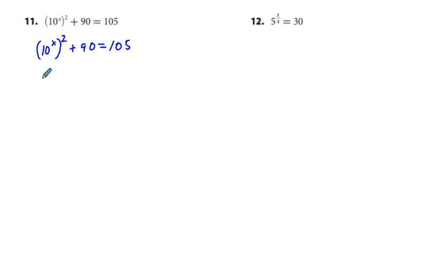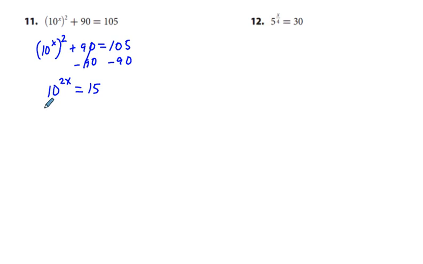On the left side, I'm going to subtract 90 from both sides, and also 10 to the power of x raised to the power of 2 is going to be 10 to the power of 2x. On the right side, we have 105 minus 90, or 15.